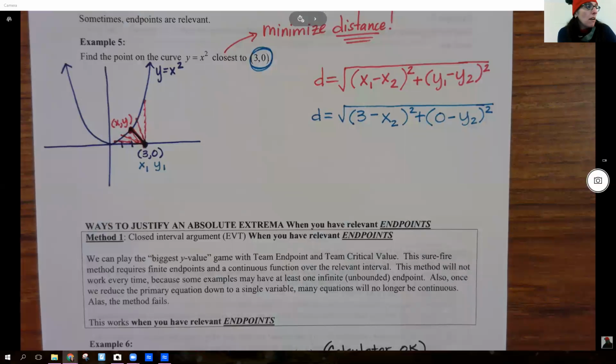Okay. All right, it's looking better. Definitely does not look as nasty as the first one, the first in red, right? But I still have two variables. Like I still have x and y.